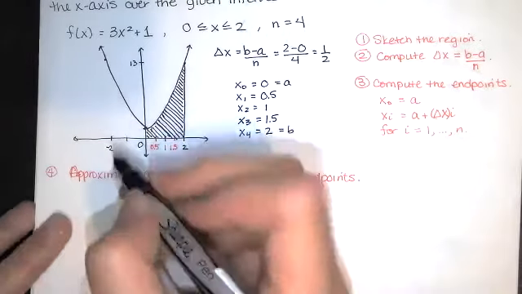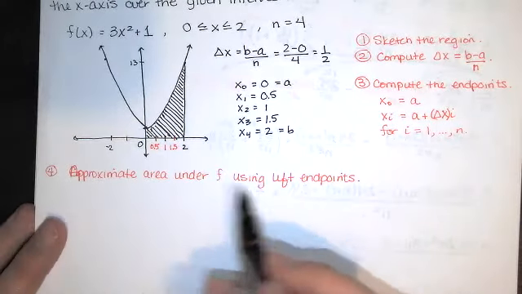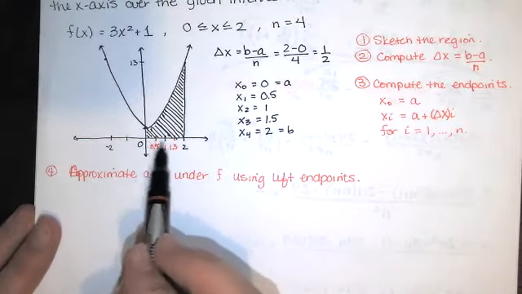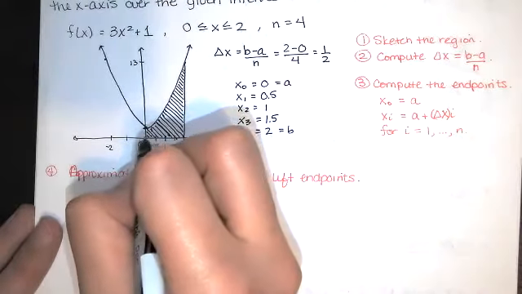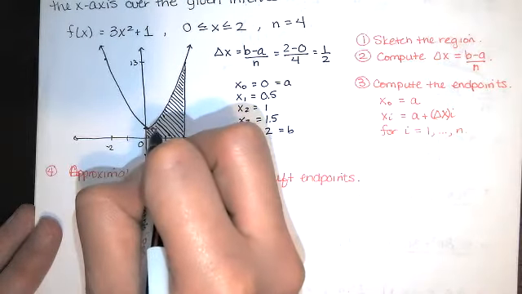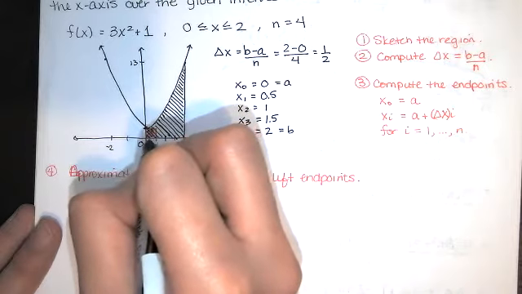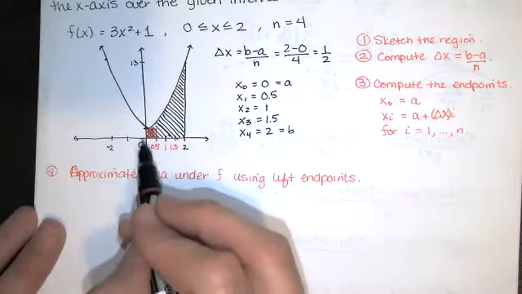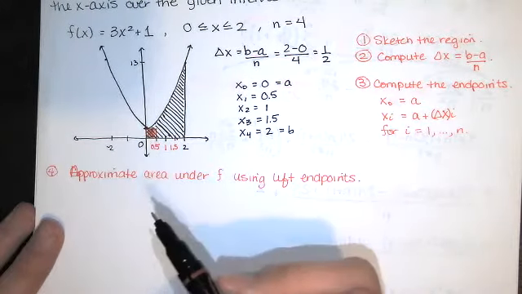Well, what I do in this case is I create rectangles over each of these subintervals. I go to the left endpoint, I evaluate the function there, and then I make a rectangle that has the function value at the left endpoint as its height.